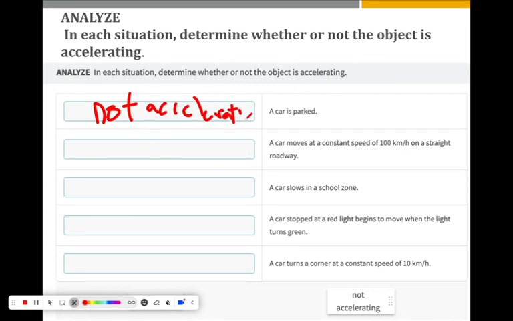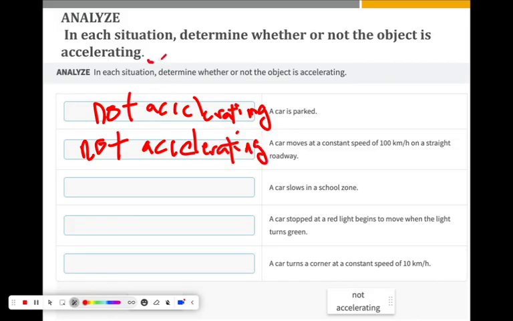All of the forces are balanced if the car is parked. It moves at a constant speed on a straight road. Not accelerating. Remember, acceleration is a change in the object's speed or direction.